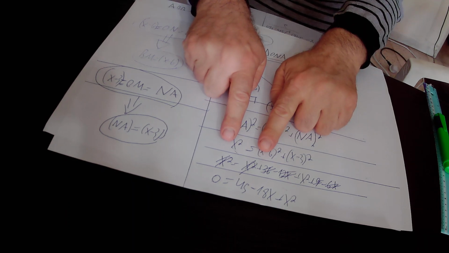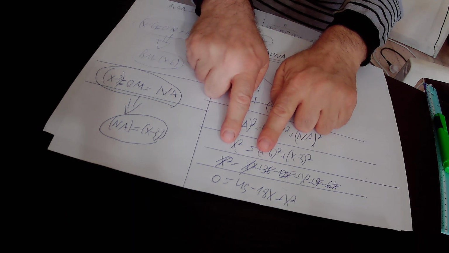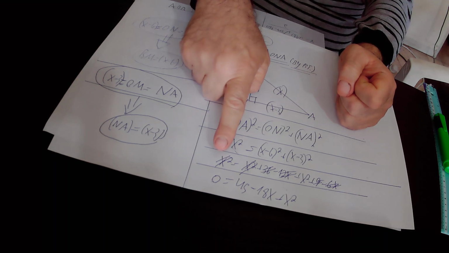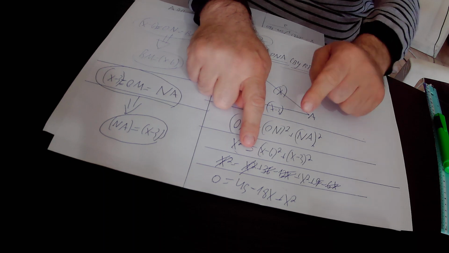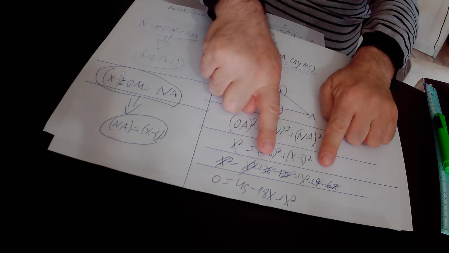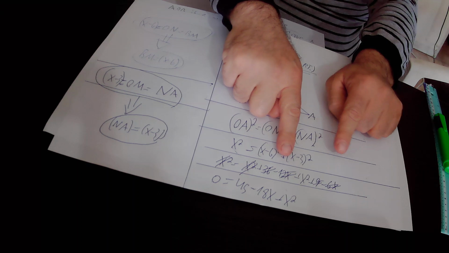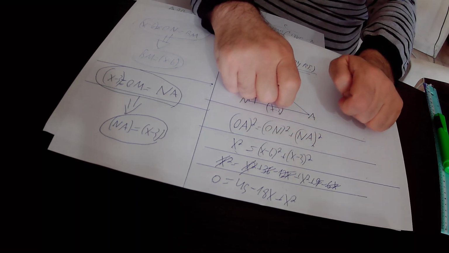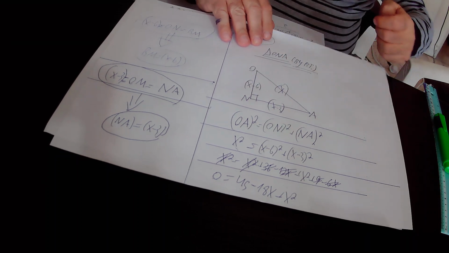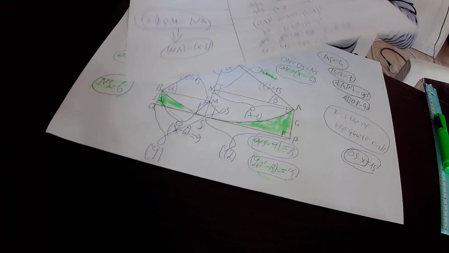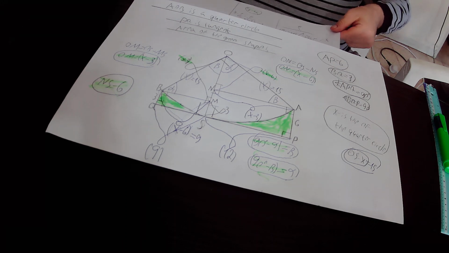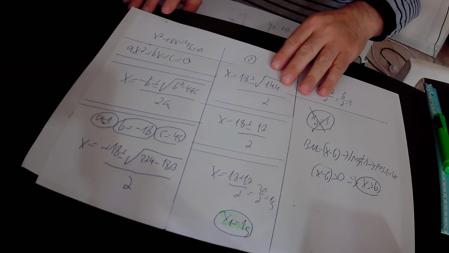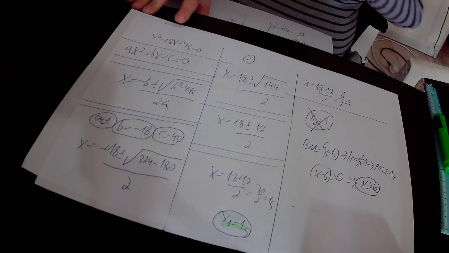Here we have x squared on both sides of the equation, so x squared cancels. On one side we have 0. On the other side we have 36 plus 9, that is 45, minus 12x minus 6x is minus 18x, plus x squared. In conclusion, x squared minus 18x plus 45 equals 0.